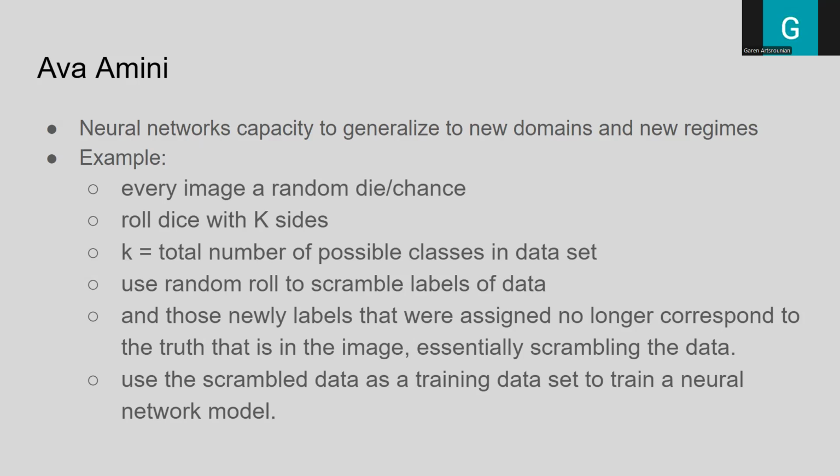The neural network is trained on this scrambled dataset where the labels are essentially random. Over time, the neural network achieves close to perfect accuracy on the scrambled training data, which demonstrates the network's ability to memorize the random mappings between inputs and labels, even though the labels are meaningless.